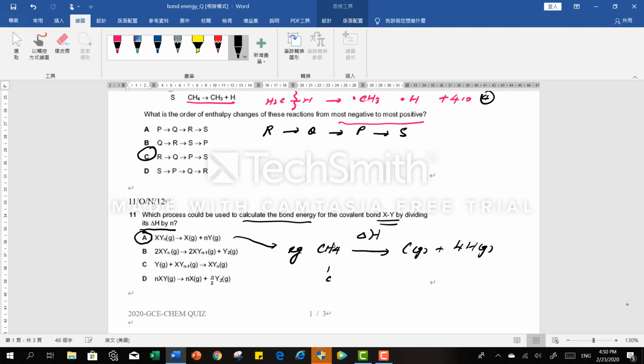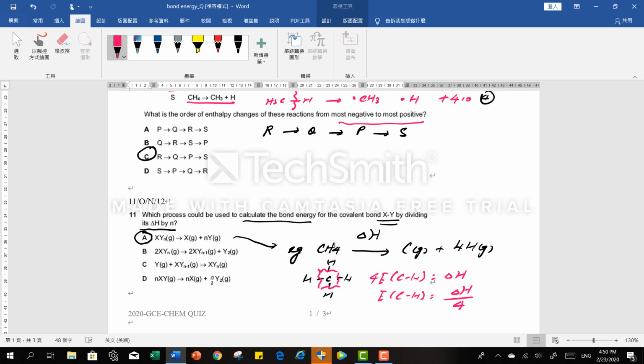You are breaking down 4 C-H bonds, right? So basically, the delta H is 4 times the bond enthalpy of C-H. So if you have to find the bond enthalpy, you have to divide the delta H by 4, right?